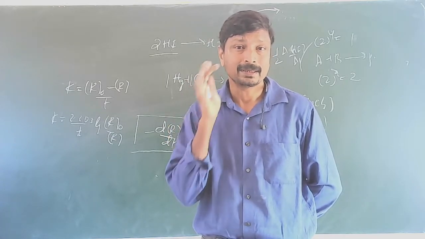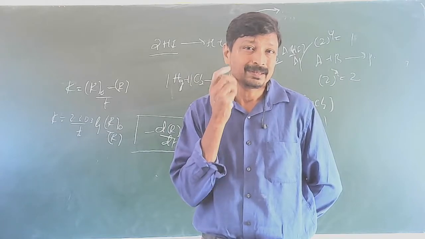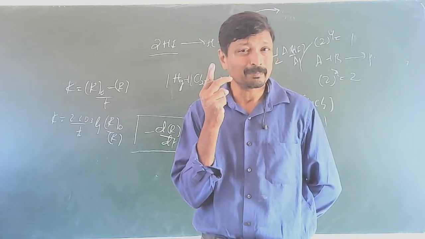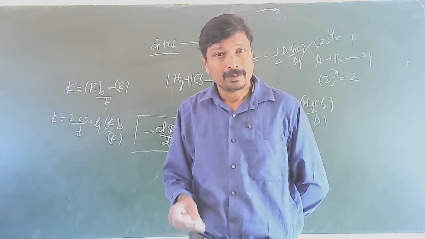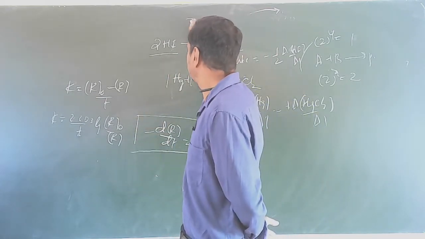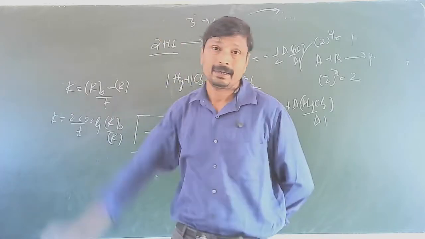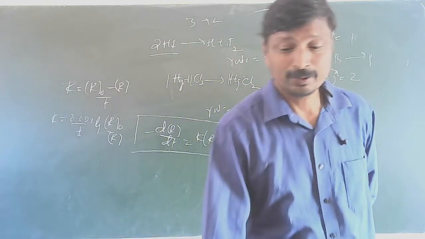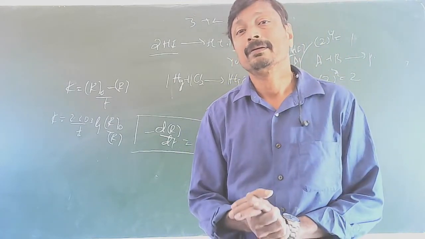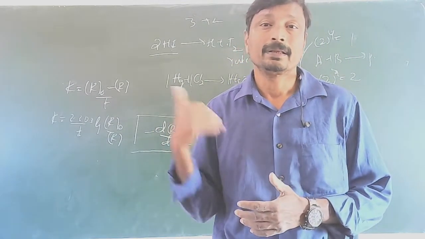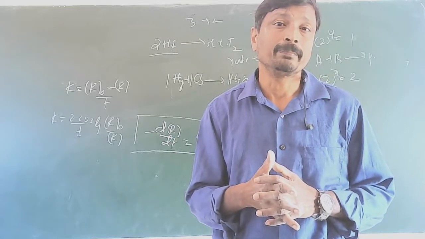So I think here one 2 marks problem will definitely be there, and one 3 marks derivation, and one 1 mark question and one 2 marks question. Usually this is the pattern in previous years.